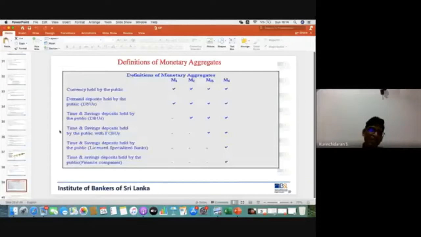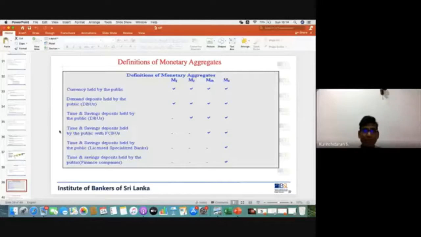So in detail, what do these monetary aggregates include? When you say M1, that includes currency held by the public and demand deposits held by the public. So these all together are called M1, right?